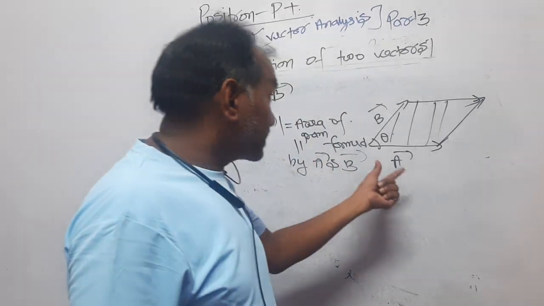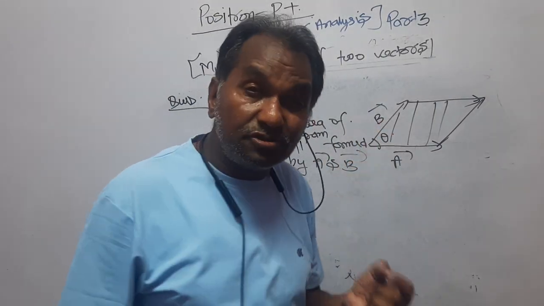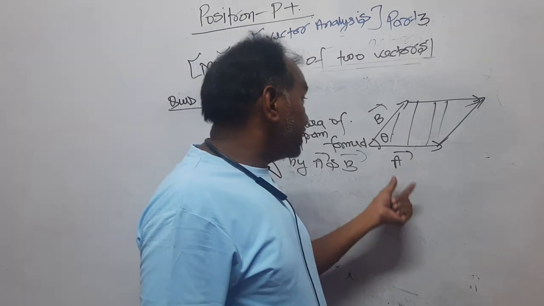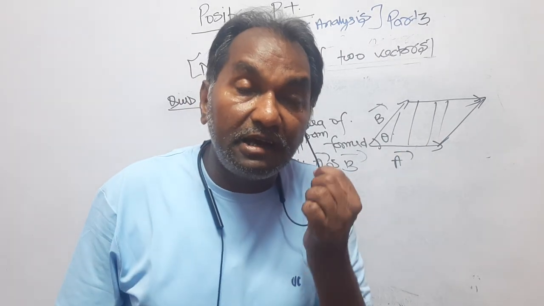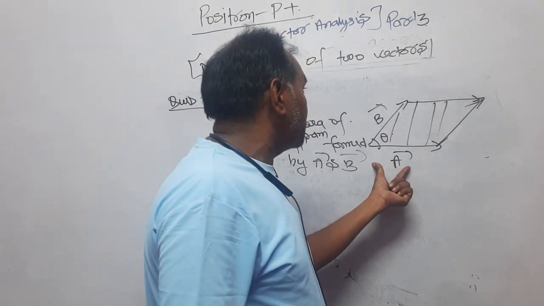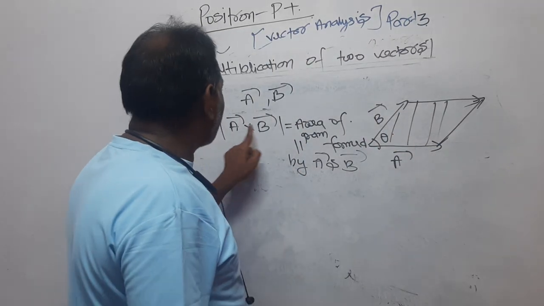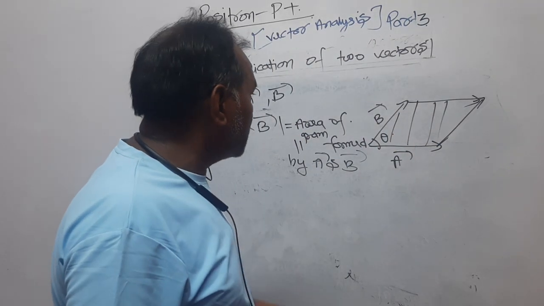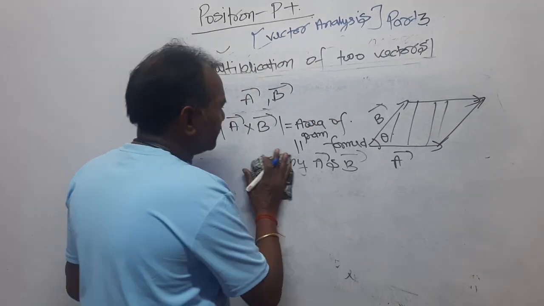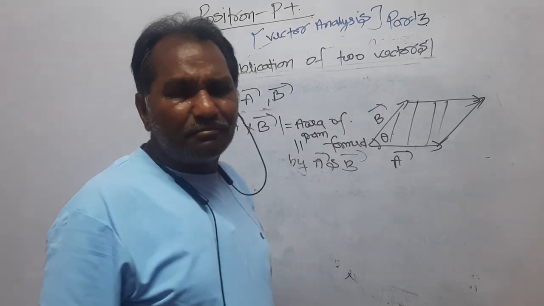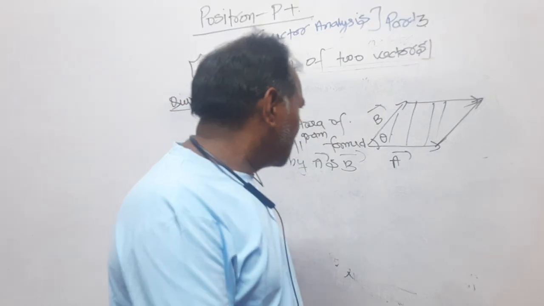It is the area covered between vector A and vector B, the area of the parallelogram formed by them. Mod of vector A cross vector B is the area of the parallelogram formed by vector A and vector B. Now, this property is very important and has much more to say than this.